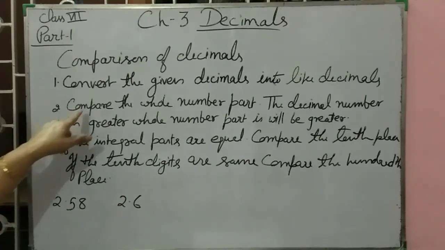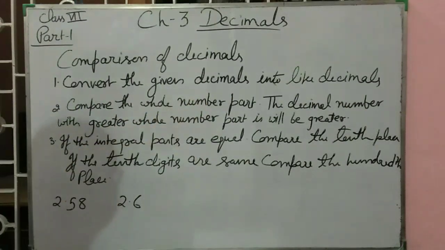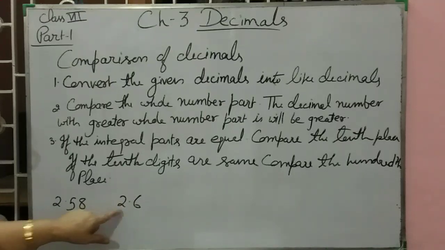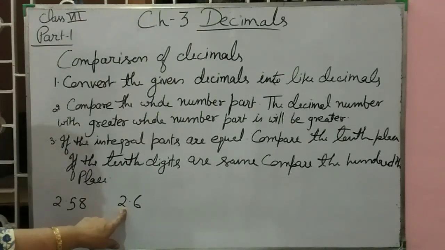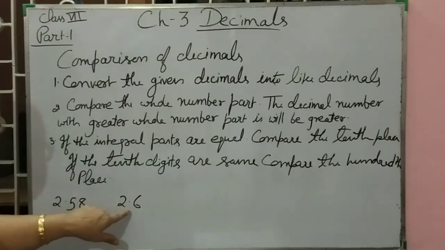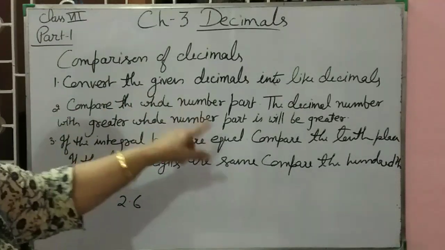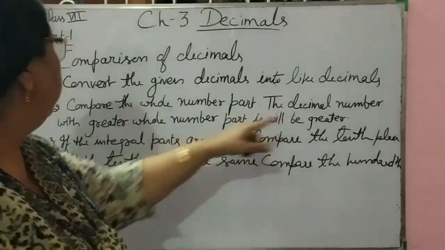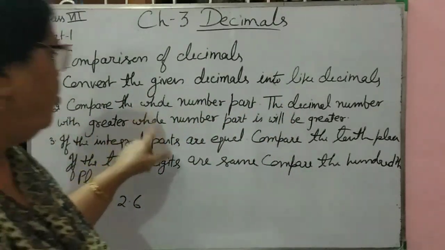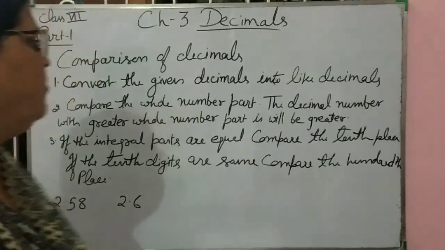Now, second point, compare the whole number part. Whole number parts are equal in both the decimal. The decimal number with greater whole number part will be greater.